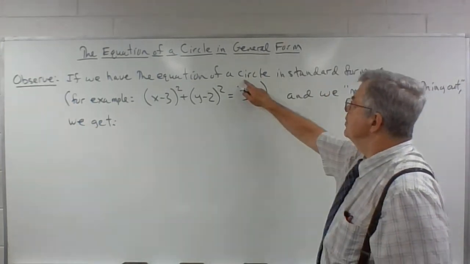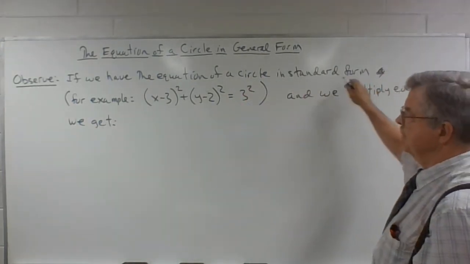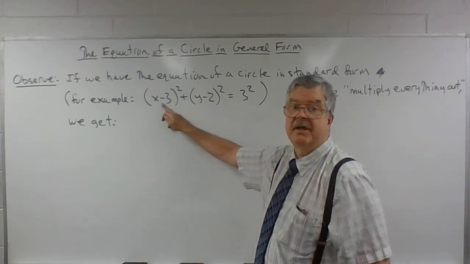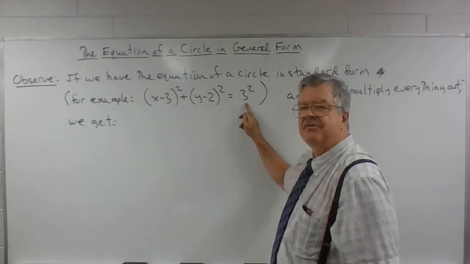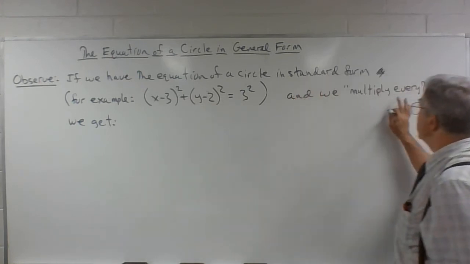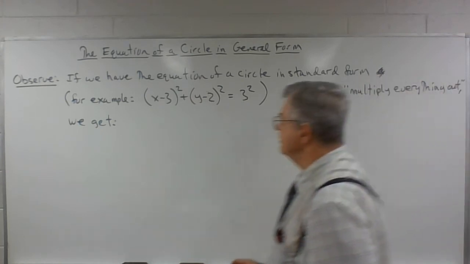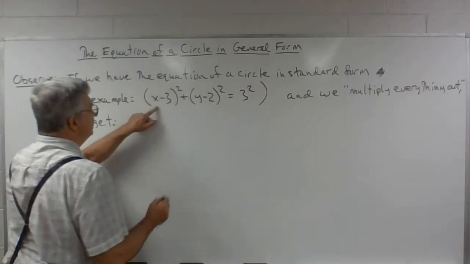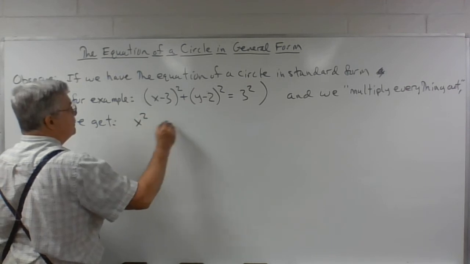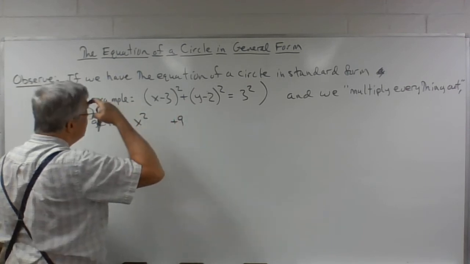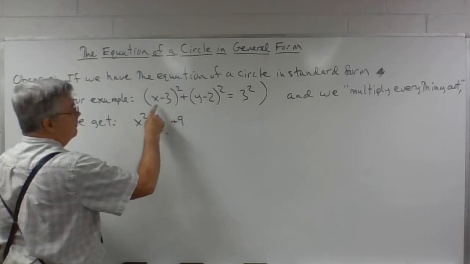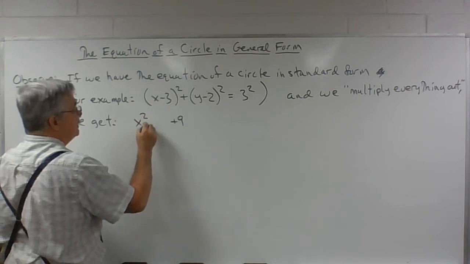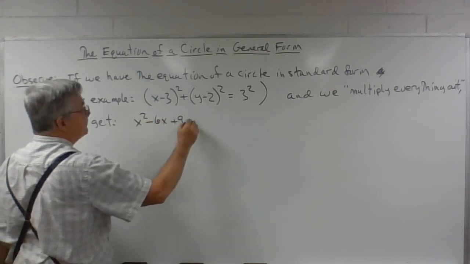Suppose that we have the equation of a circle in standard form, for example, (x minus 3) squared plus (y minus 2) squared equals 3 squared. And we multiply everything out. So we square this and we get x squared plus 9, and then the first times the second, which is negative 3x, and we double that, so that's negative 6x.